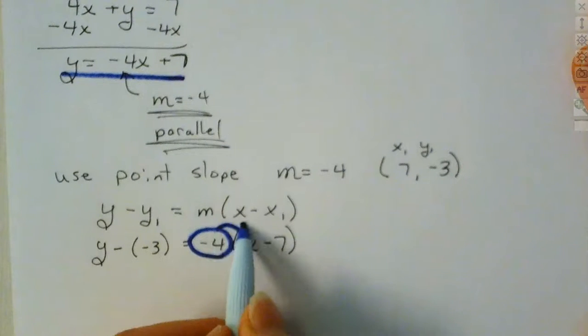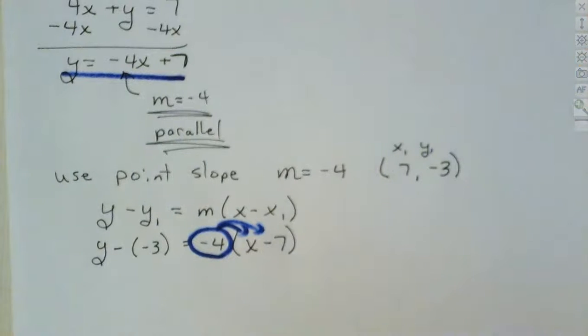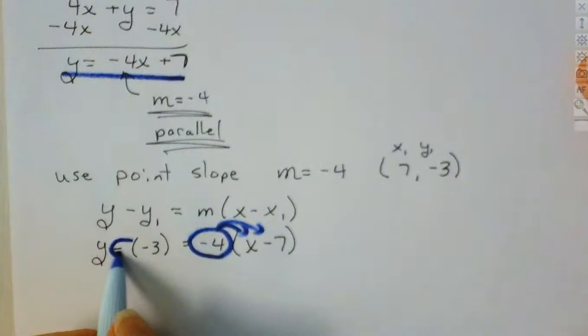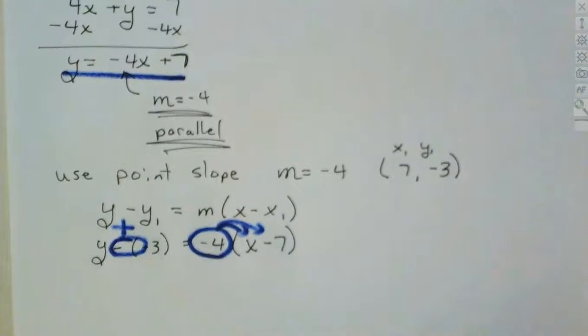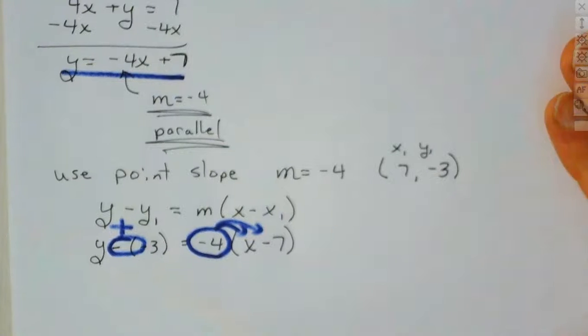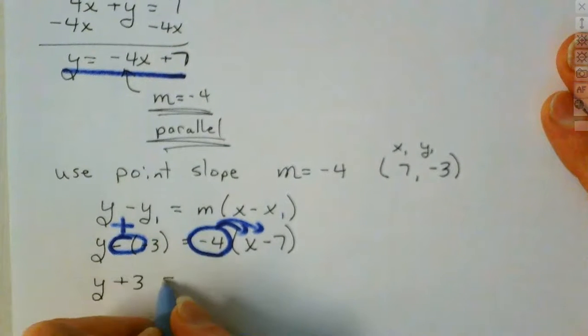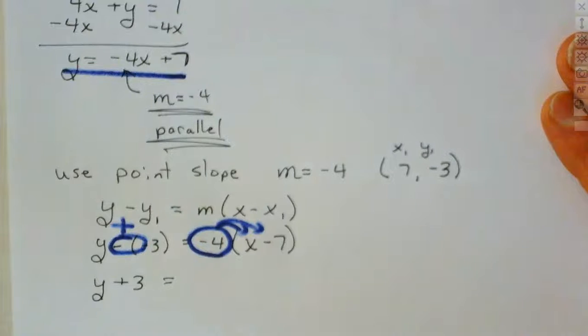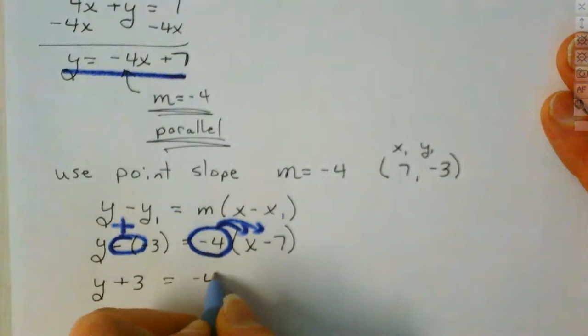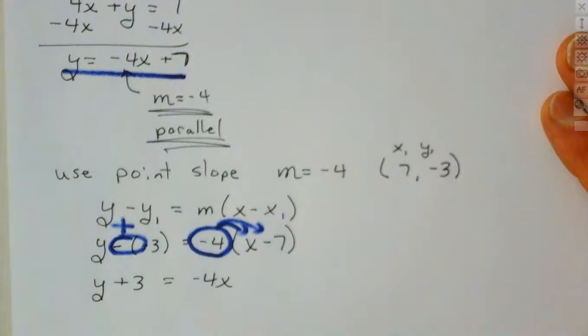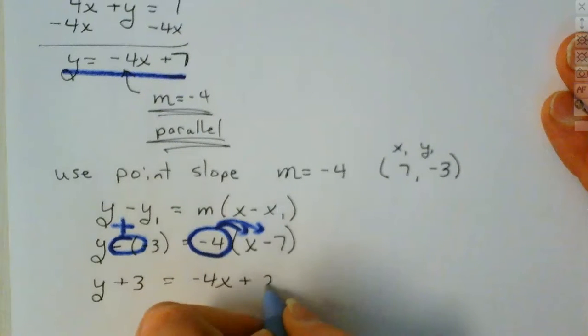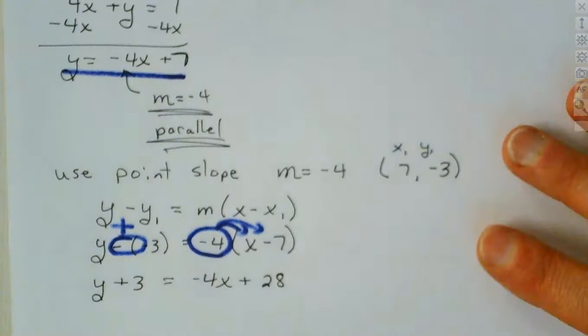We're going to distribute this negative 4 through, and the double negative here with the 3 makes that a positive, so watch your signs. So we have y plus 3 on the left. We're going to distribute that negative 4 through. So that's negative 4x. Negative and negative makes it a positive, and 4 times 7, well, that's a 28.